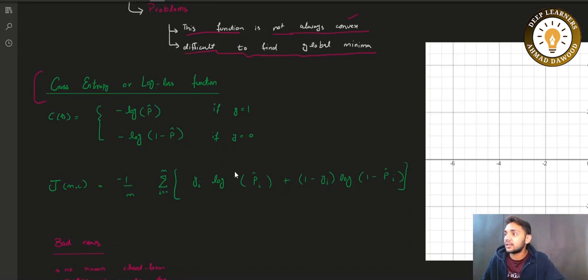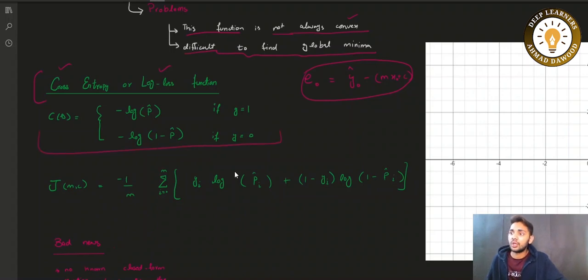Just like in linear regression, where we have an error for a single instance, y0 minus (mx0 plus c), in the same way, if we consider cross entropy or log loss as the cost function of a logistic regressor, then the error for a single instance will be this one.